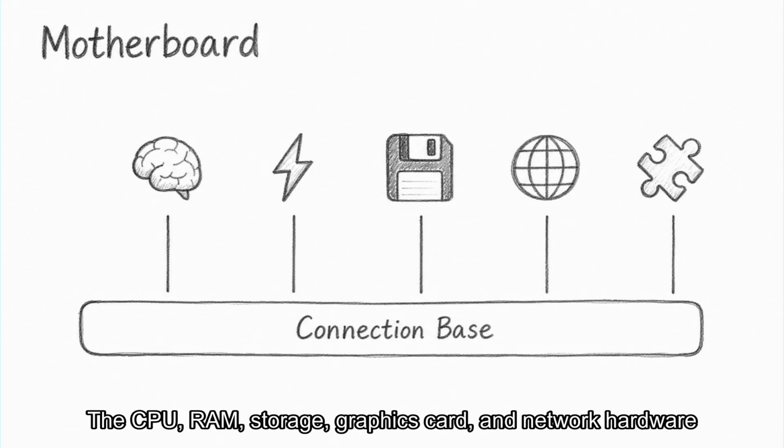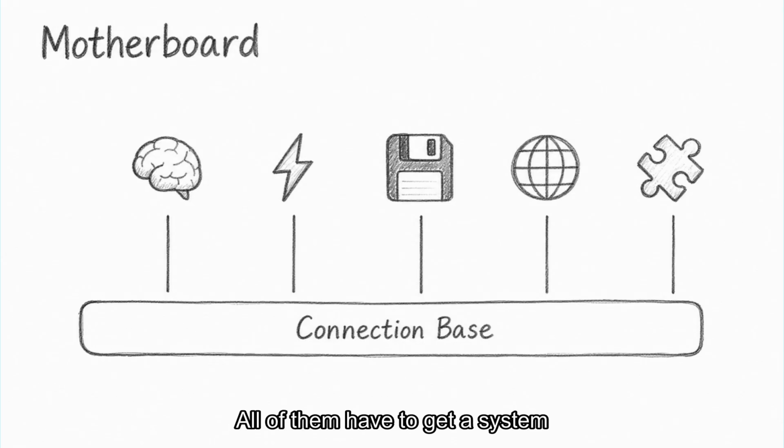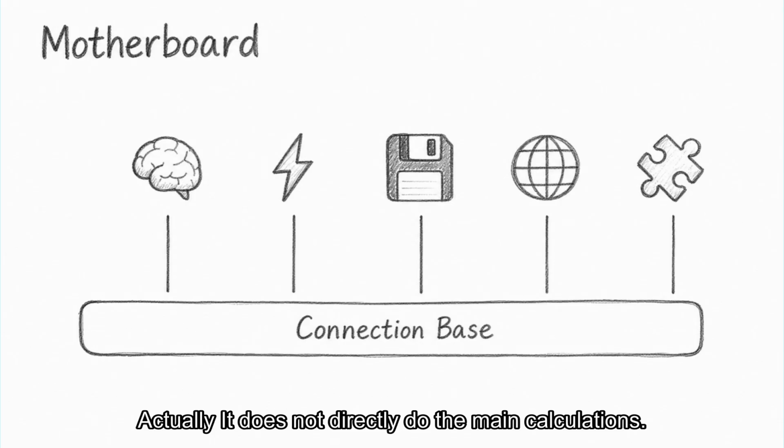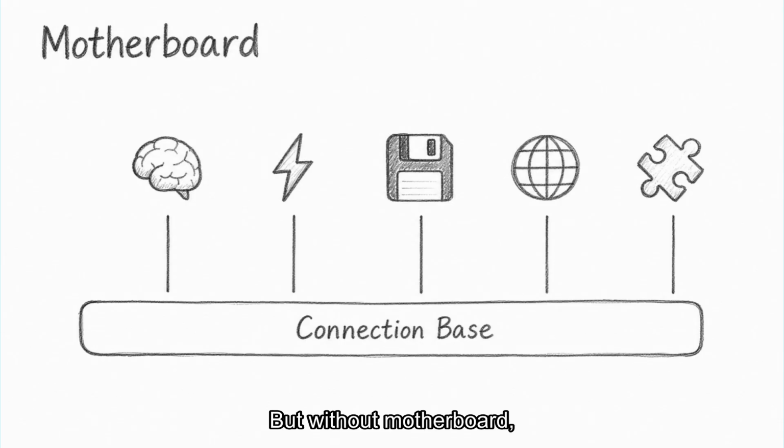The CPU, RAM, storage, graphics card, and network hardware all need a system where they communicate with each other. The base structure is the motherboard. Actually, it does not directly do those main calculations, but without a motherboard, the different parts cannot work together. So the motherboard looks the least dramatic, but it's a foundation that supports the whole system.